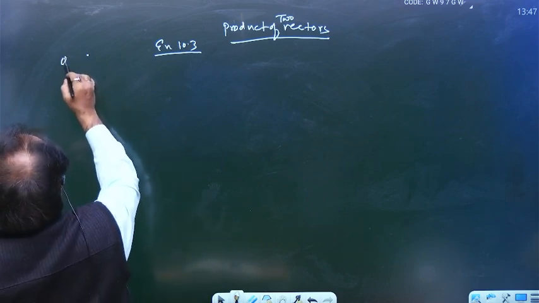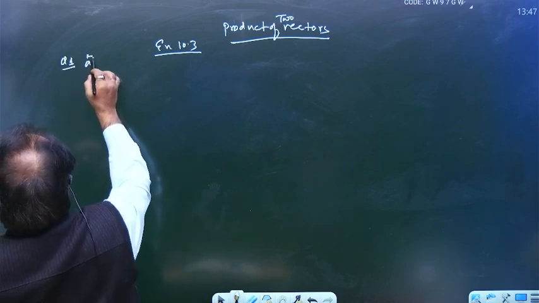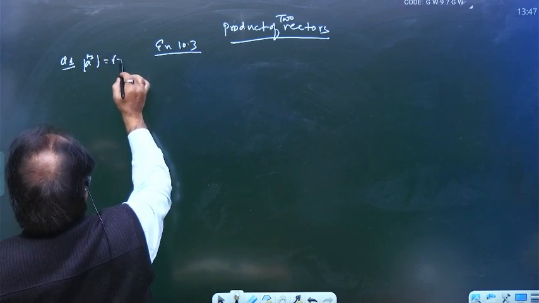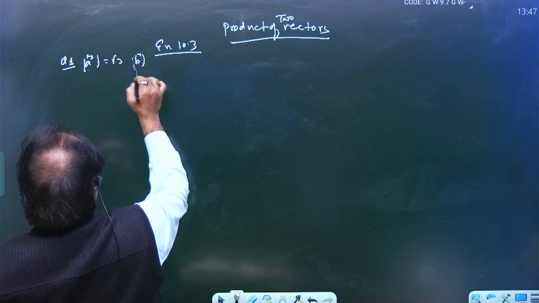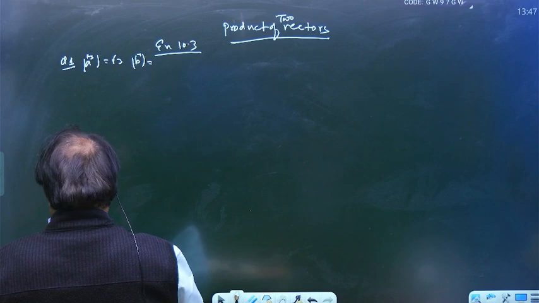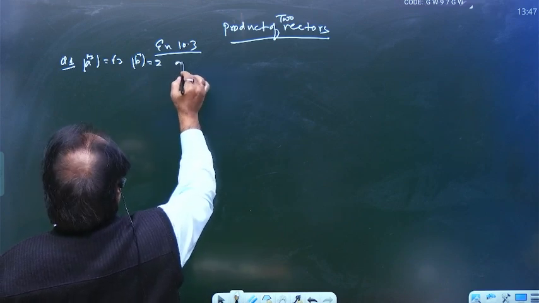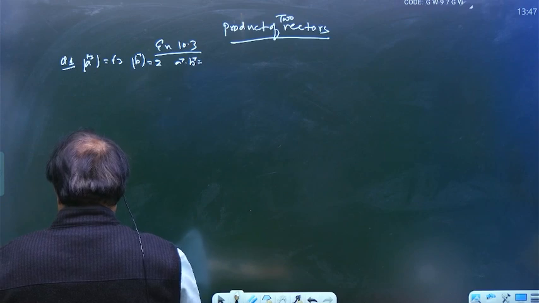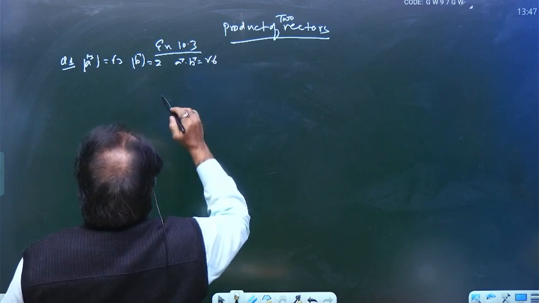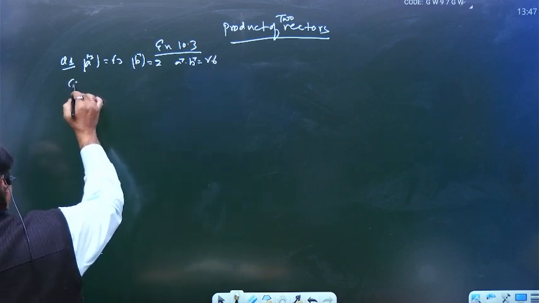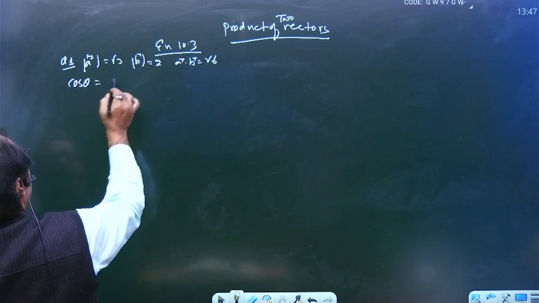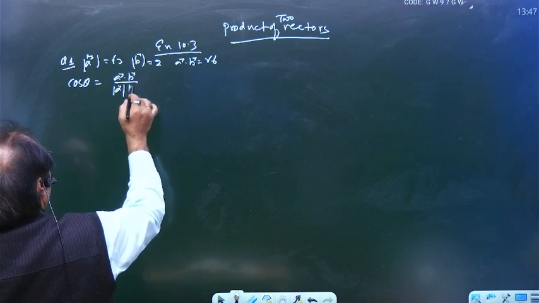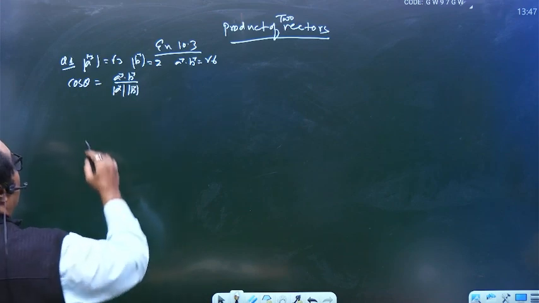Question number 1: the magnitude of vector a is given as root 3, the magnitude of vector b is given as 2, and a dot b is also given, that is root 6. Find the angle between them. By applying the formula, cos theta is equal to a dot b upon magnitude of a into magnitude of b. Now put in the values.